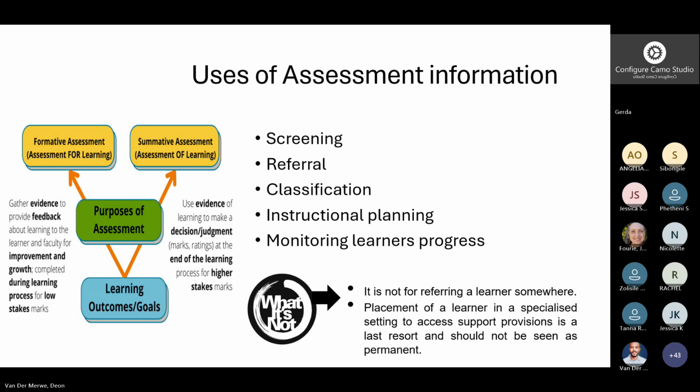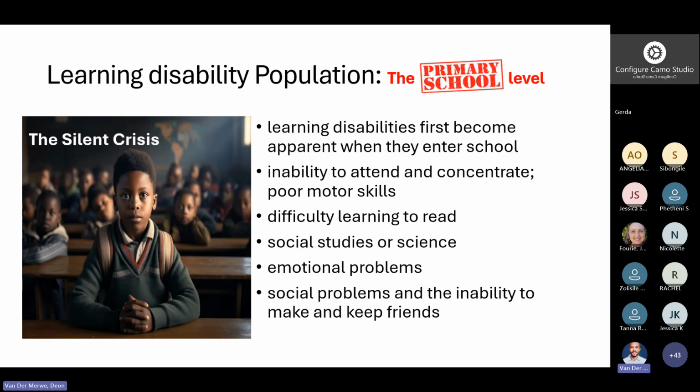And so we need to therefore understand that learning disabilities in primary school is a silent crisis that needs to be attended to, because as they get older and the work gets harder, they may start having problems in subjects like social studies or even science, right?